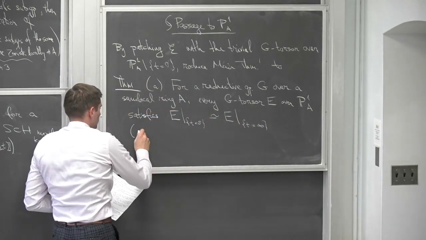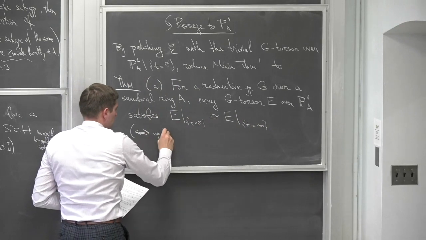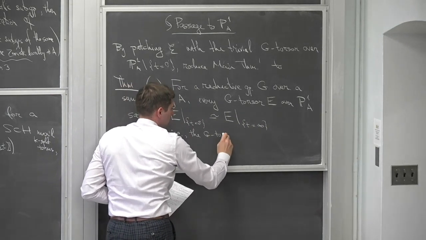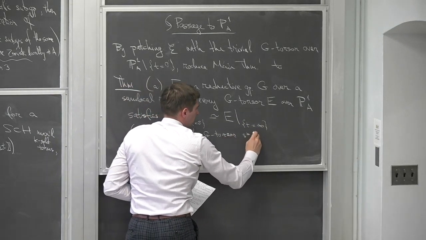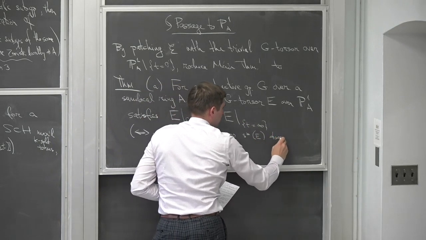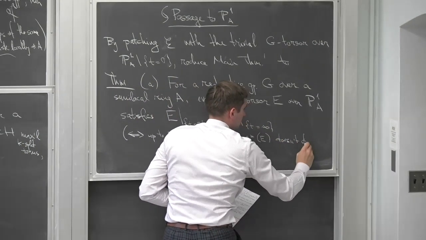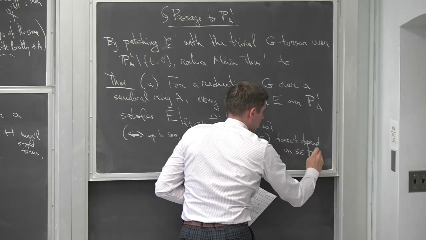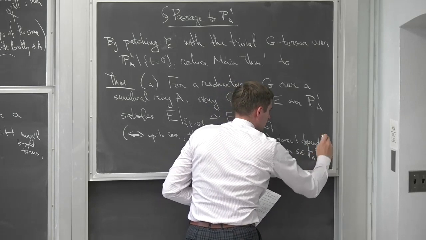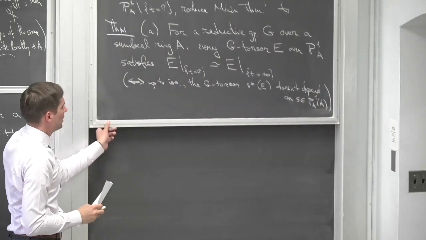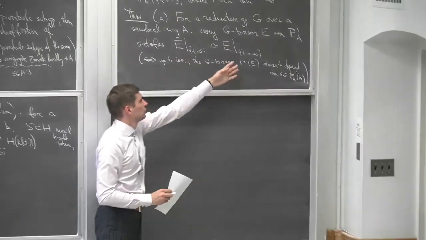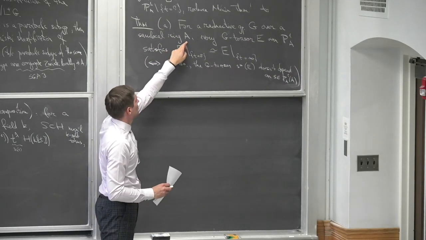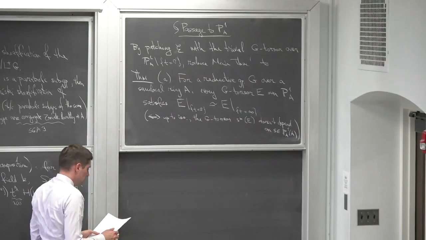So equivalently, after isomorphism, the G-torsor has to come as a pullback of a torsor that doesn't depend on the point. As long as the ring is semi-local, the restriction of that torsor is still the same.